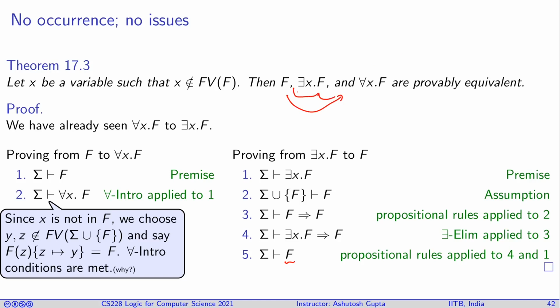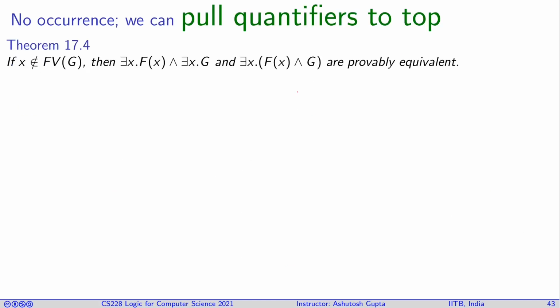So how can I use this fact? I can use this fact to say that if one of the formulas, f and g, this guy doesn't have x, then I can push exists inside and pull exists outside. How do I do that?